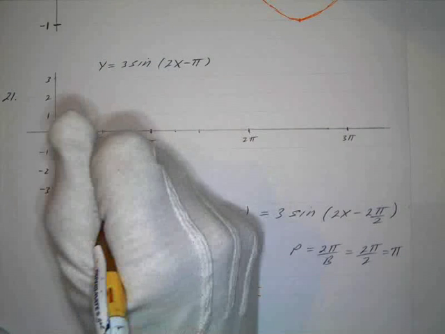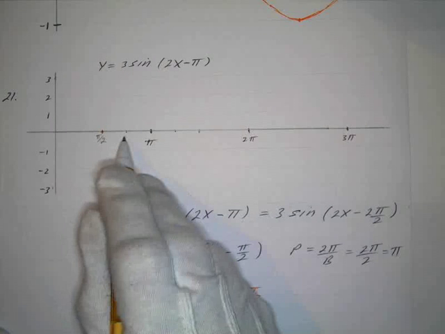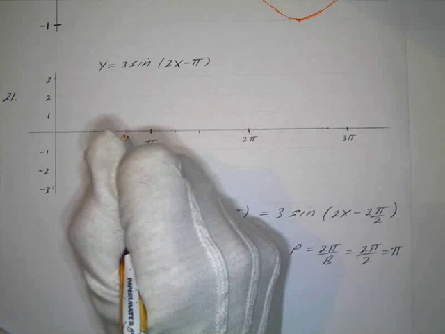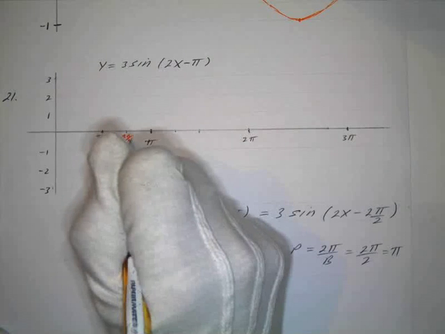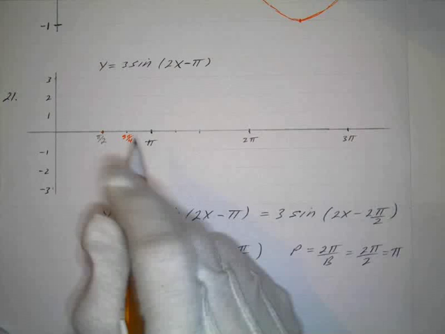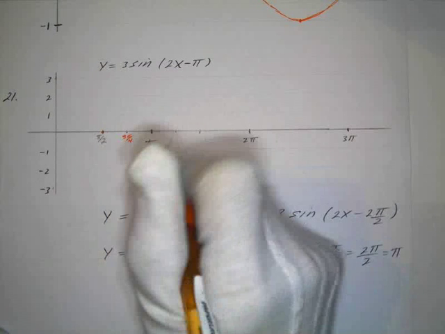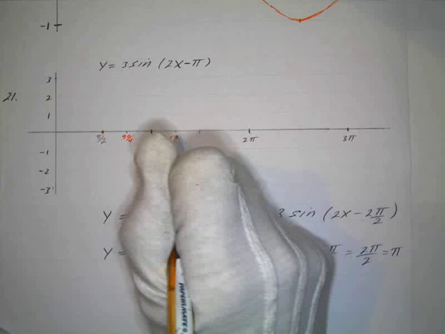Now my shift is pi over 2 to the right, so I'm going to start here at pi over 2. And then this is 3 pi over 4. Remember, pi over 2 is the same thing as 2 pi over 4. This is like 3 pi over 4. 4 pi over 4 is just pi. Then 5 pi over 4.